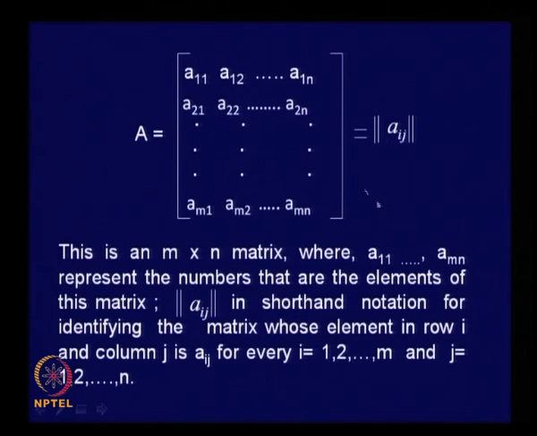Symbolically, matrices can be represented as shown on the right hand side. Where A11 to Amn are the cell elements, representing the numbers that are the elements of the matrix obviously, and for identifying the matrix whose element in row i and column j is Aij, for every i equal to 1 to m and j equal to 1 to n.